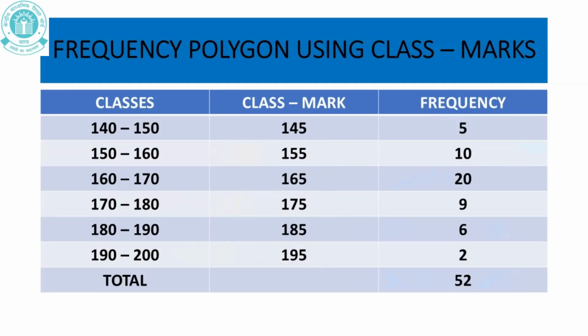To draw the frequency polygon, we have to take class marks on the horizontal axis. Frequencies should be taken along the vertical axis.